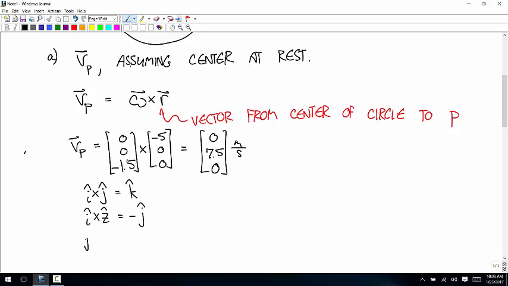And if you take the cross product of y and z, it gives you x. So those are the rules.